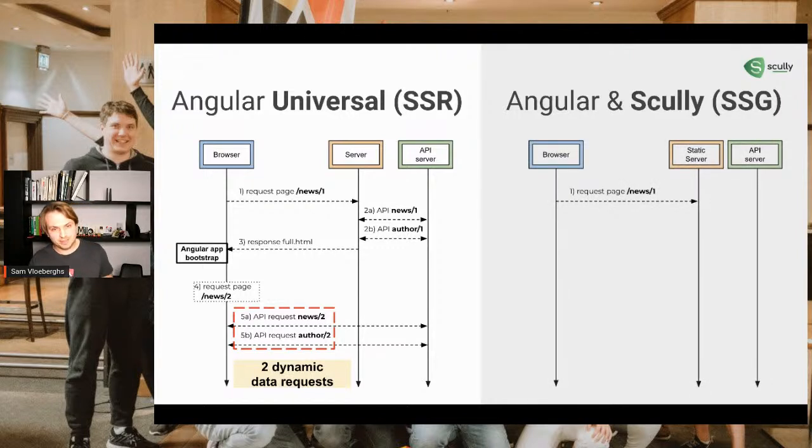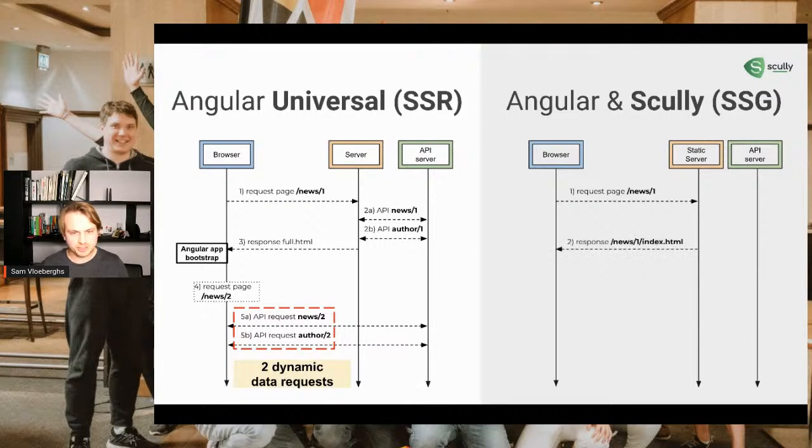With Scully, things, of course, work differently. So again, the browser requests a page to the static server. This page was already generated up front, so it can instantly return, and there's no need to fetch the data from any API at runtime.